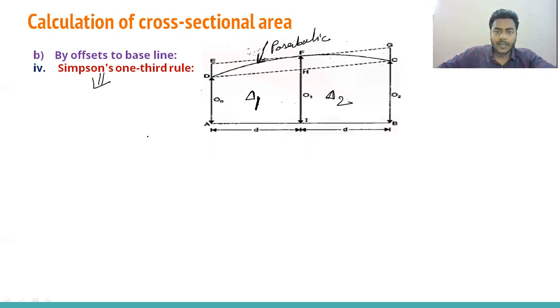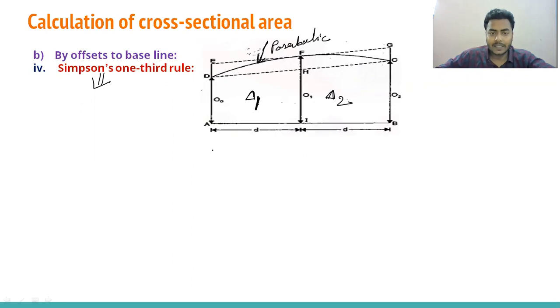Now we can calculate the area. Here O0, O1, O2 are three consecutive ordinates with equal interval d, as you can see in the picture.